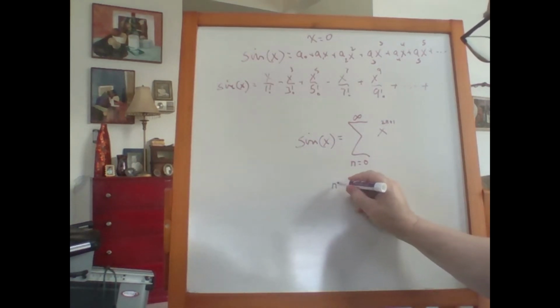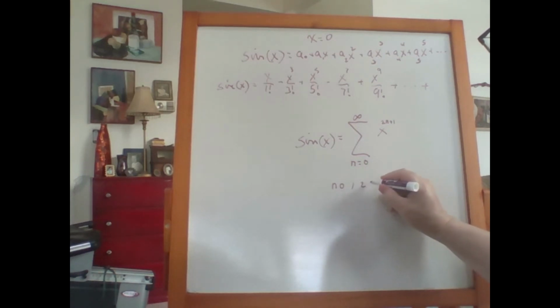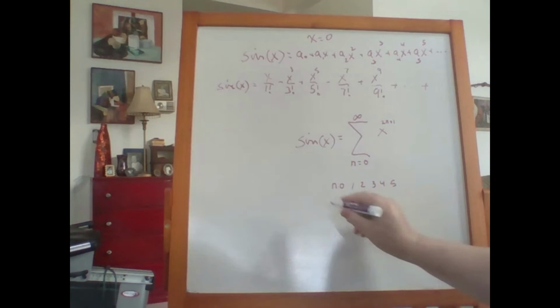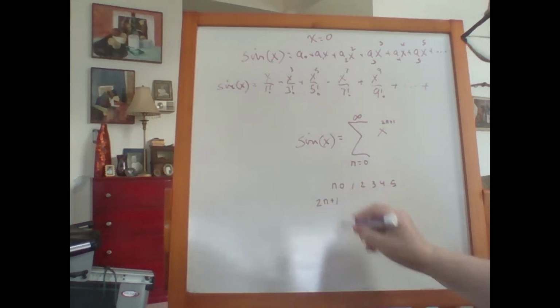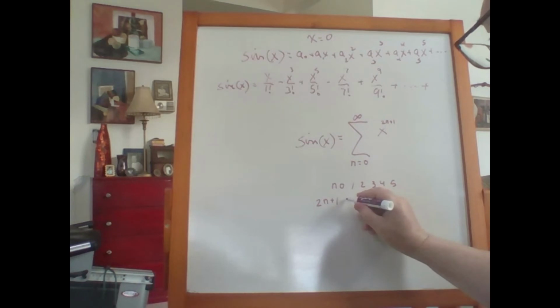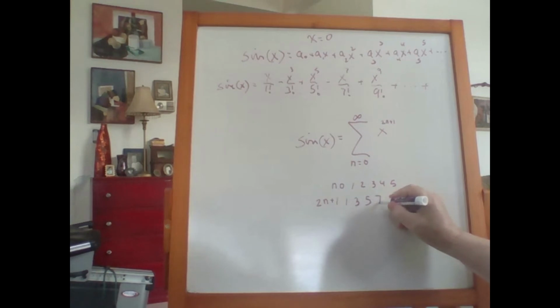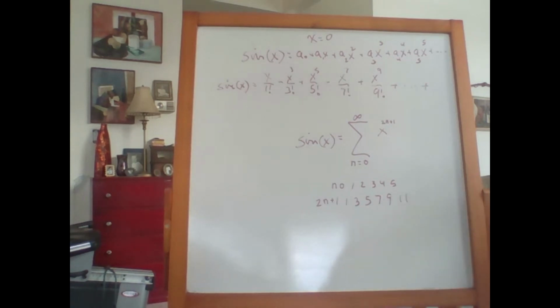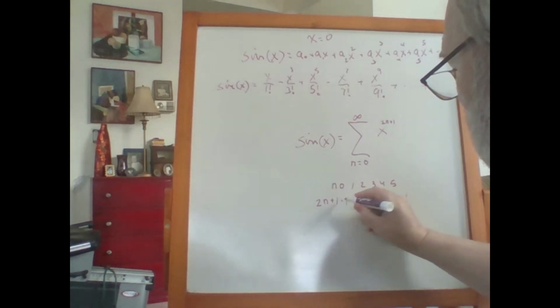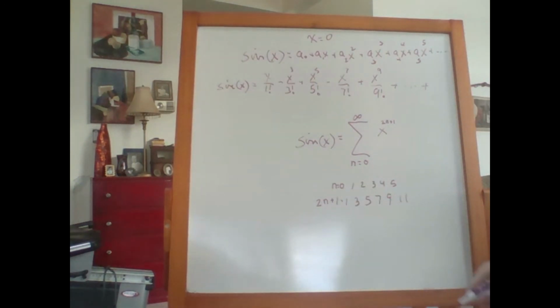Okay, because when n is 0, 1, 2, 3, 4, 5, 2n plus 1 is 1, 3, 5, 7, 9, and 11, and so on. So you could see how our exponent there gives us the odd numbers that we want.